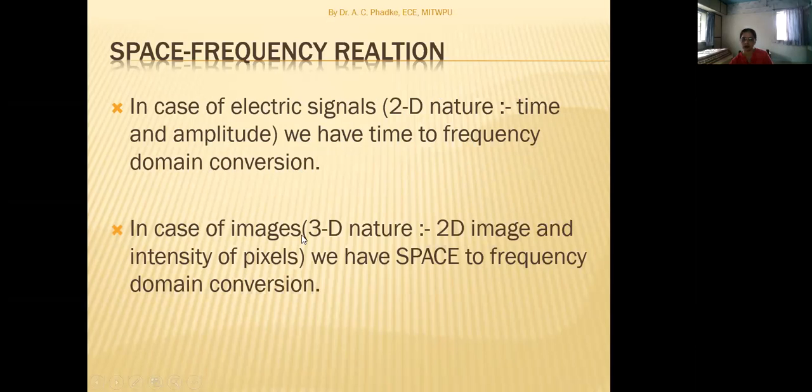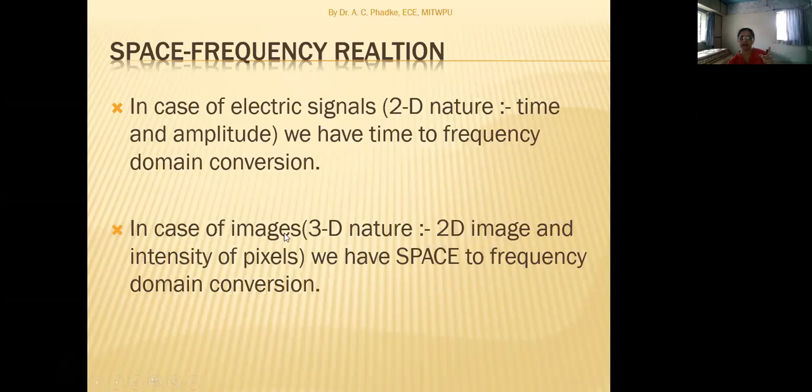Now in case of images, we can say the image has 3D nature when it is plotted, because it has two coordinate axes, x coordinate and y coordinate, and we have a third dimension which represents the intensity of pixels. So in this sense, we are calling the image as having 3D nature.